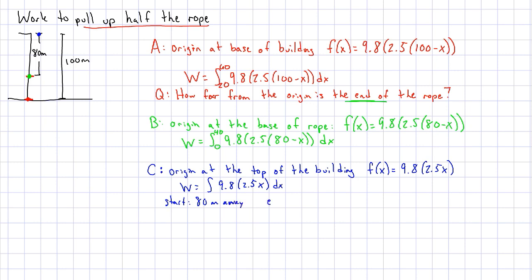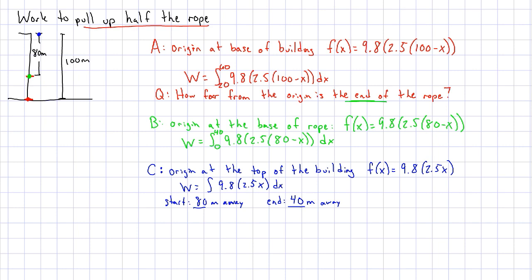When they finish, and again, they're only pulling half of the rope up, so they're only doing 40 meters worth, the end of the rope is 40 meters away. So when we do work, we always put the smaller of the two values as our lower limit. So don't let this confuse you, the fact that at the beginning it's 80 meters away and at the end it's 40 meters away.